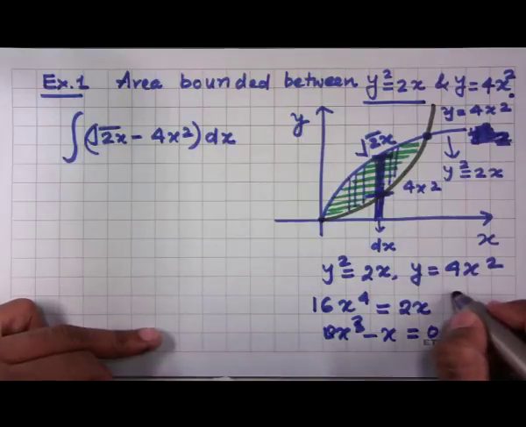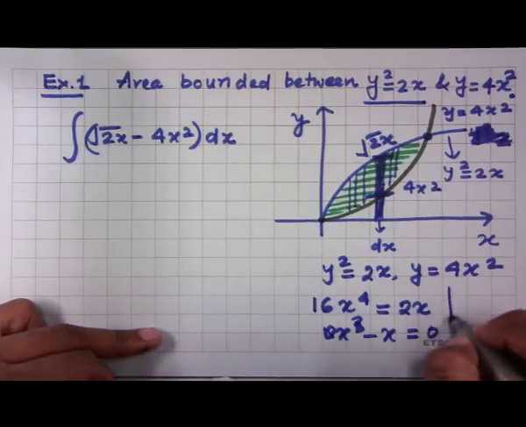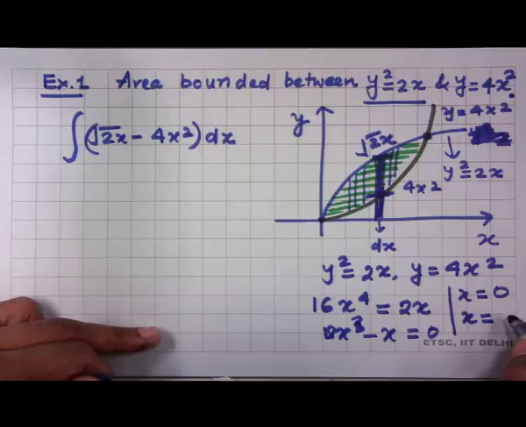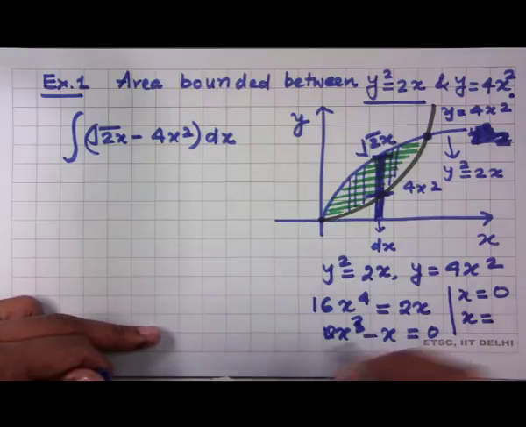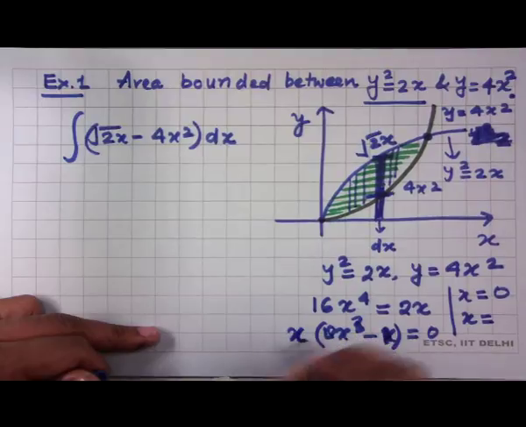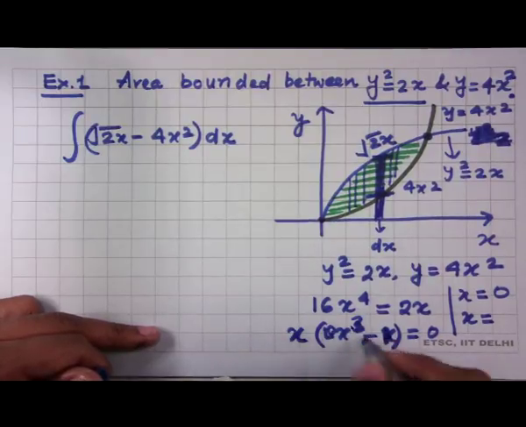So, point of intersection, by solving this you will get x cube minus 1 into x, 8x cube minus 1 in one bracket into x.